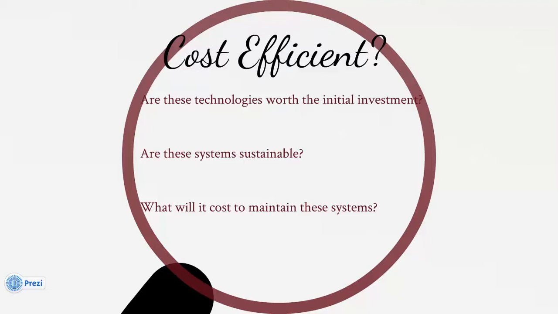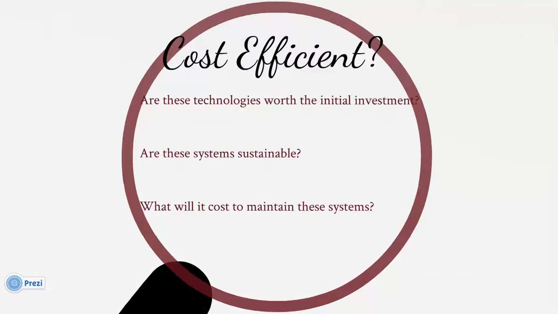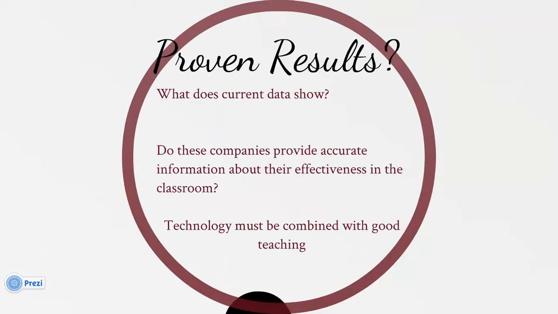However, there do need to be some rules in place when dealing with these technologies for students, because they are very expensive and you don't want to be careless with them. So I believe they are very cost efficient. I believe they're successful due to the current data that I have found.